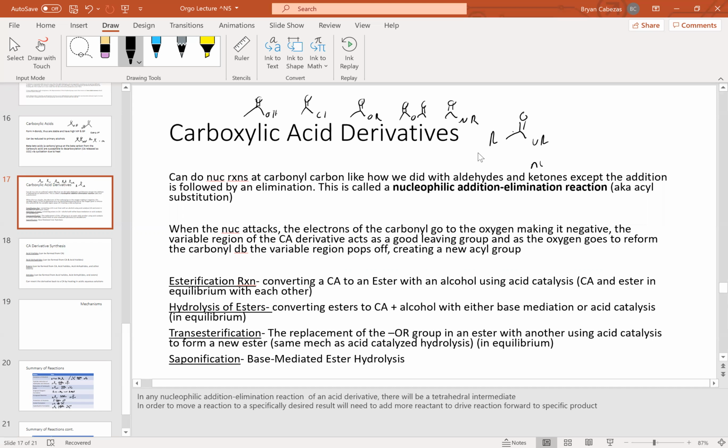We have the nuke come in and attack the electrophilic carbon here. That's the addition. This double bond is going to go up to the oxygen, as it usually does, as oxygen has a negative charge, with the electrons going back up into it. We have our nuke here, and we have the unspecified region over here. And now, as we said, it's going to be an addition.